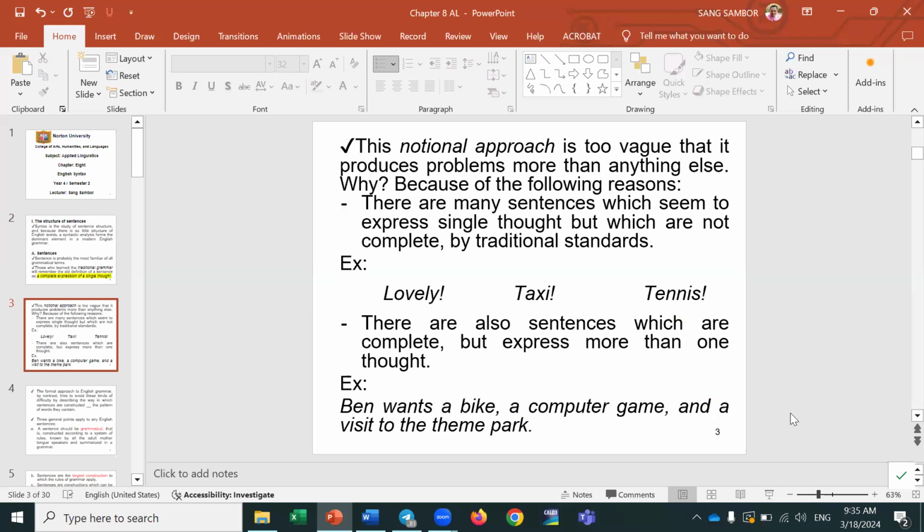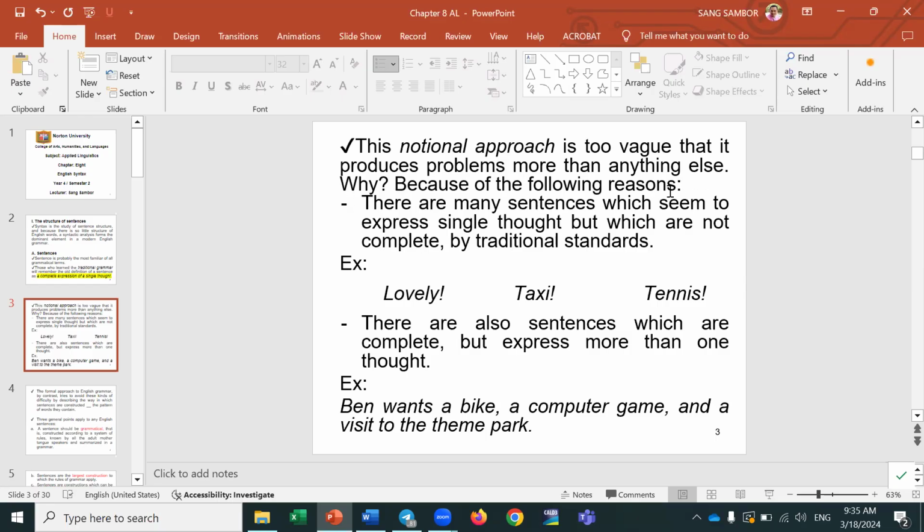Why? The traditional one seems a little bit vague, because if you look at the real use of the English language, it does not show any real use of English grammar at this present time. This notional approach is too vague, so it produces more problems than anything else.